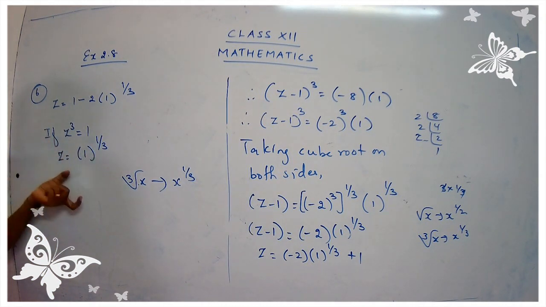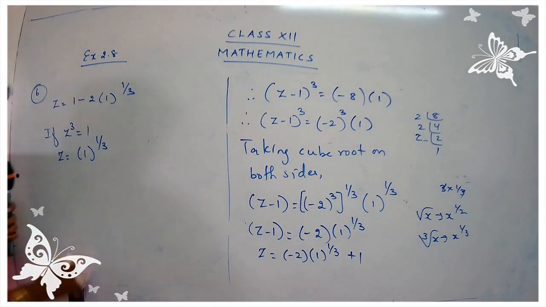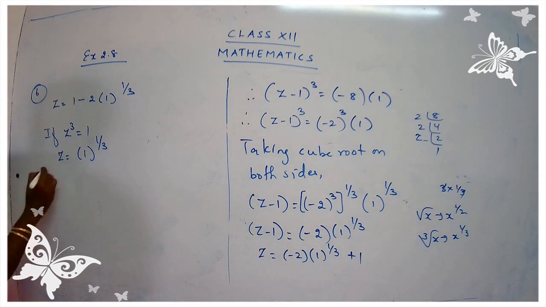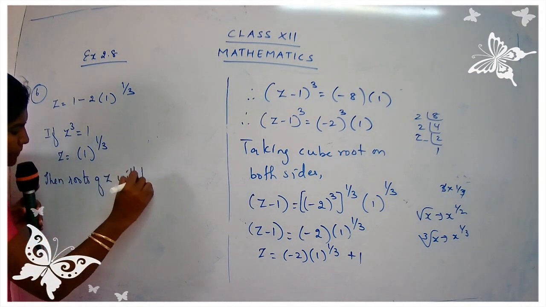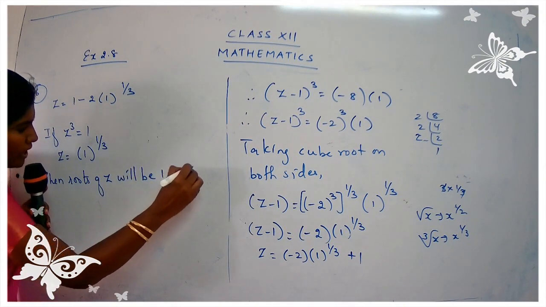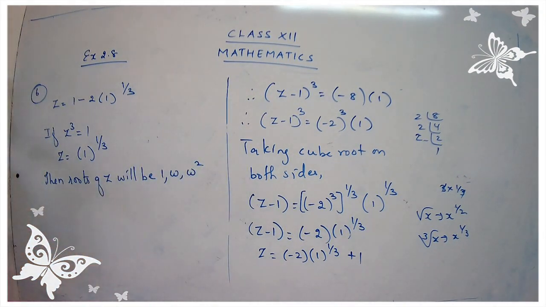And if you have such a statement, what will be the roots given to you, children? What are the roots? If z cube is 1, so z is equal to 1 the whole raised to 1 by 3, then roots of z will be 1 omega and omega square. This we can write directly.